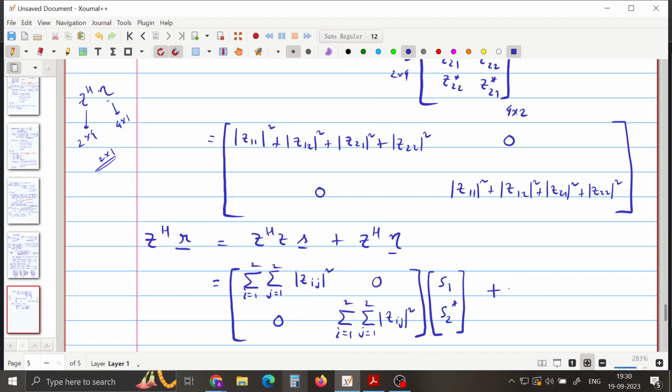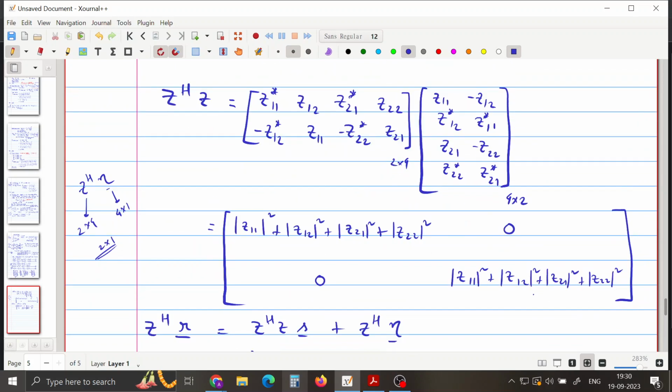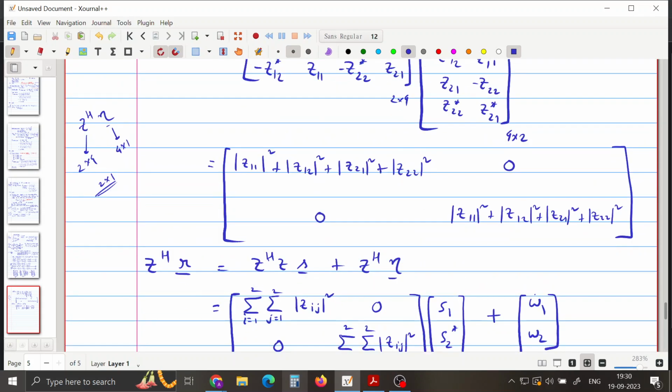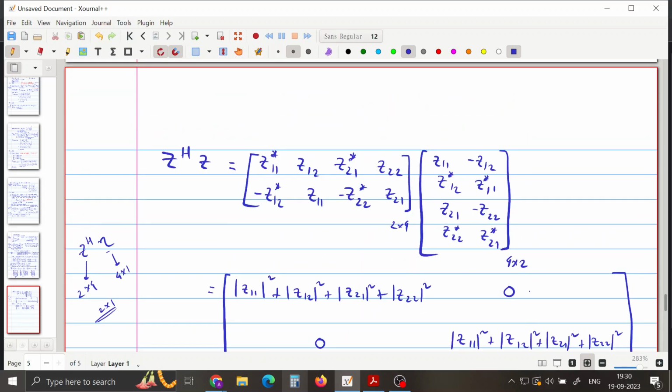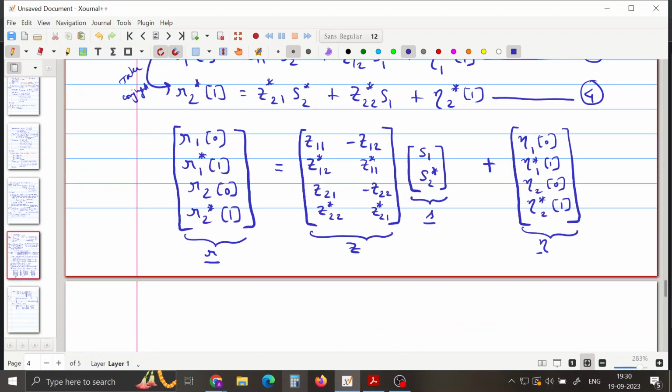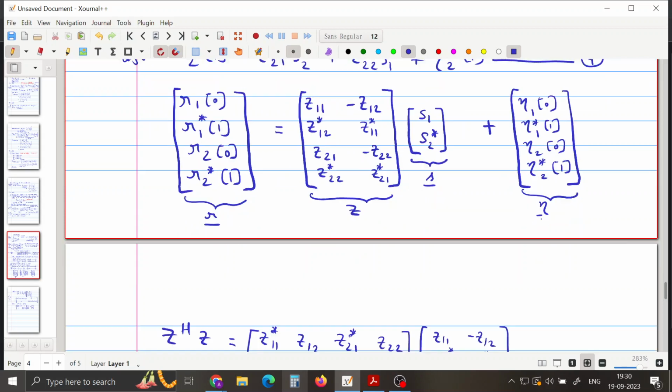So 2 by 1, and let me denote the entries by some w1 and w2. This w1 and w2 will have how many noise terms? It will have 4 noise terms, because this eta vector itself has 4 noise terms: eta 1 of 0, eta 1 star of 1, eta 2 of 0, and eta 2 star of 1, right?